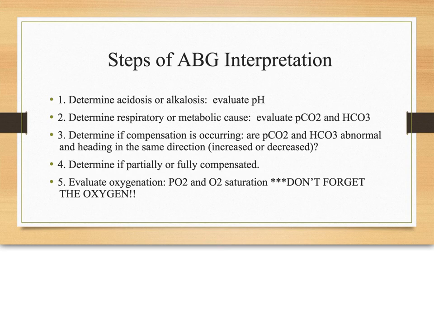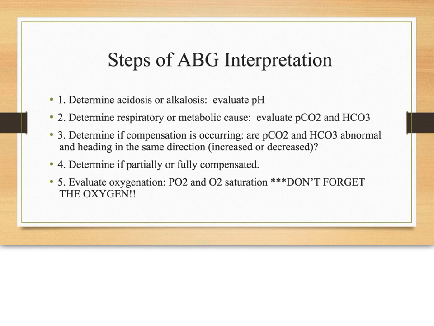The fourth step of ABG interpretation is to determine if this compensation is fully compensated or partially. And that's an easy thing to do. If you see evidence of compensation and the pH has returned to the normal level, meaning the 7.35 to 7.45, we consider that fully compensated.